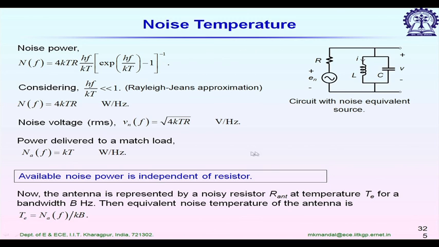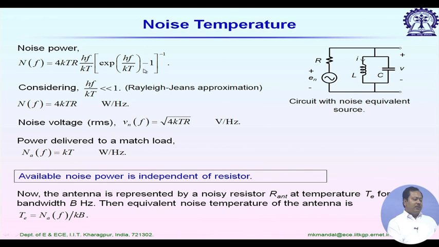We will discuss all these points and how to model this internal and external noise for any millimeter wave system. Last day we saw that in general the noise power from any resistor at a temperature T can be given by the expression 4hf/(kT) divided by exp(hf/kT) minus 1.